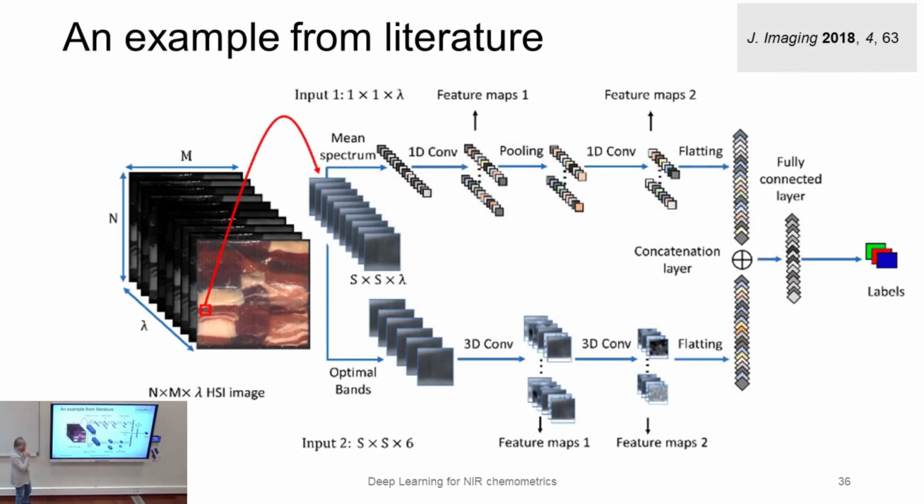And this is an example from the literature of people who want to recognize fat and meat in lamb, and they apply a convolutional neural network, but they do different things in the two dimensions. What is relevant for the discussion is that within the image, they take a small cube, so only 6 spectral channels, and they apply 3D convolution.